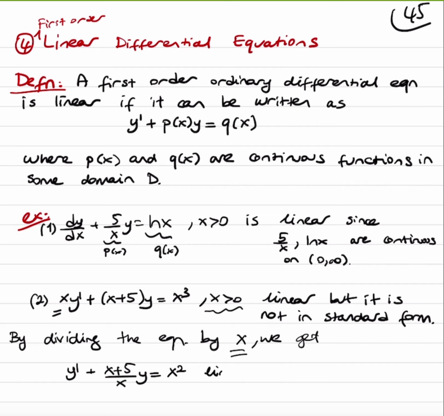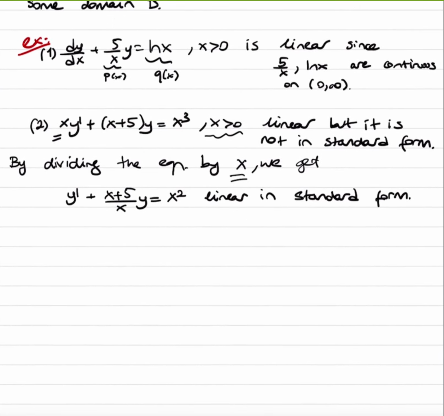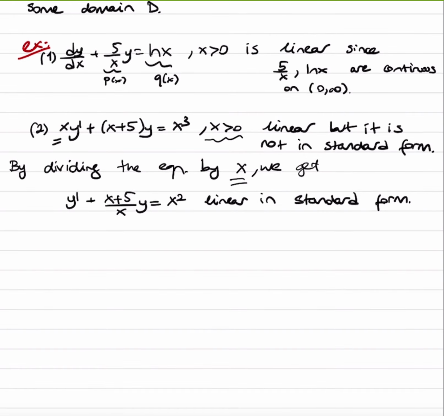So now this is linear in standard form. So we have a linear differential equation. Okay, and p of x and q of x are continuous on this interval 0 to infinity.